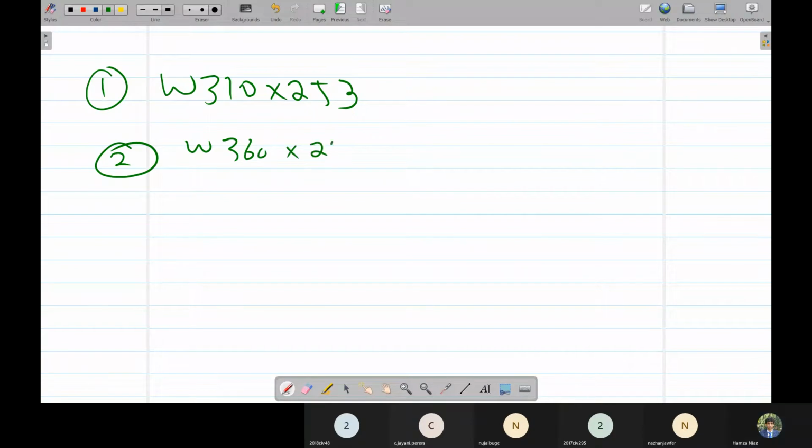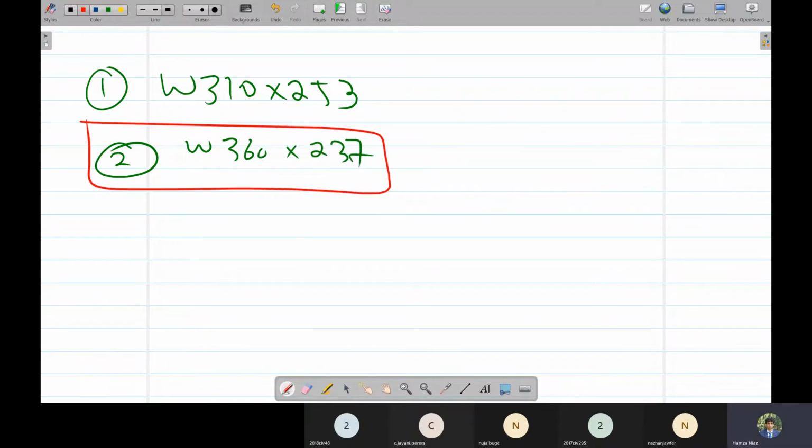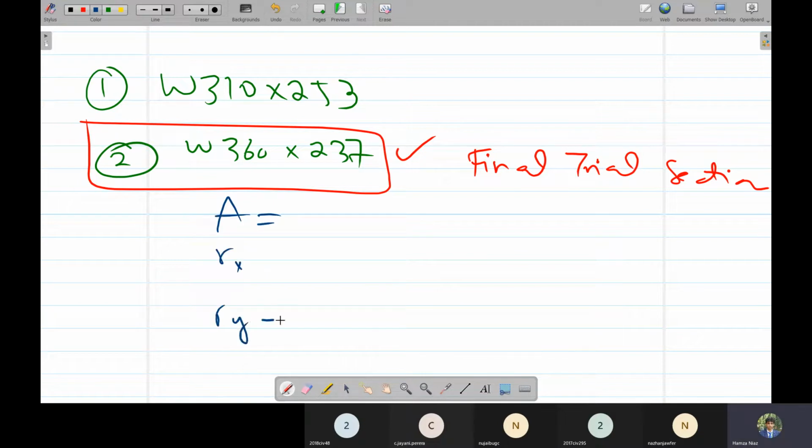Again, this is the lighter one. This is 237, this is 253. So we'll select this as the final trial section. This is still a trial section. We select this, and the properties we have to find are its area, Rx, Ry, and Ix.